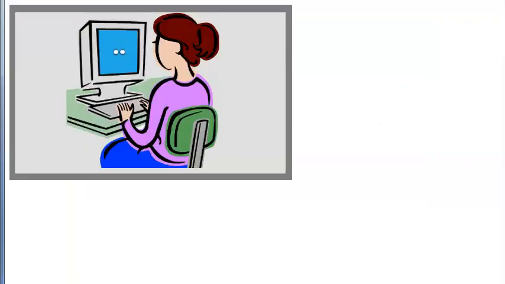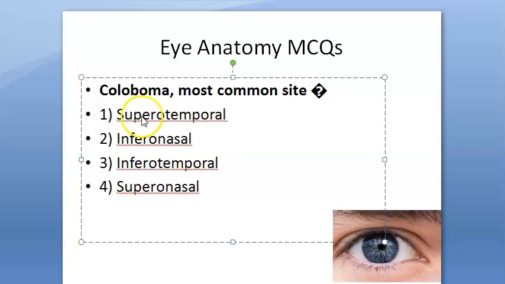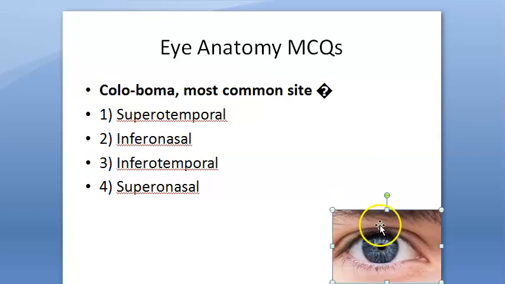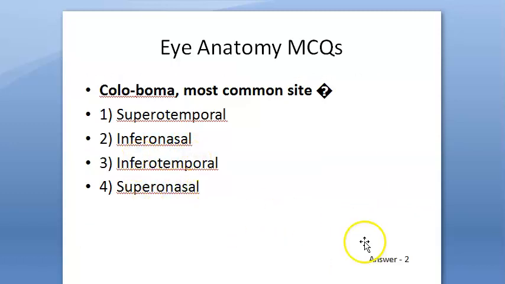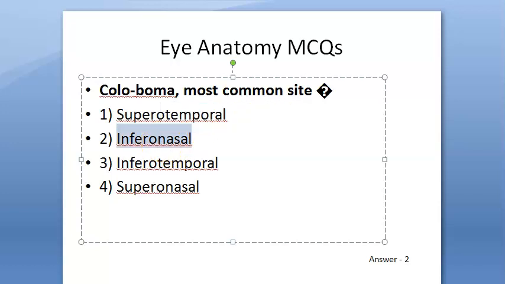How's it going, guys? Let's look at 2-3 more. Okay, coloboma, most common site. Coloboma, what a name. Let's look at the options here: supratemporal, inferonasal, inferotemporal, supranasal. Answer is 2, inferonasal.